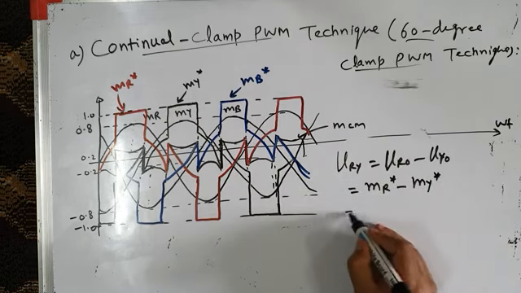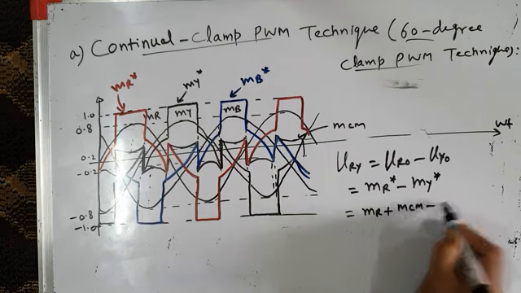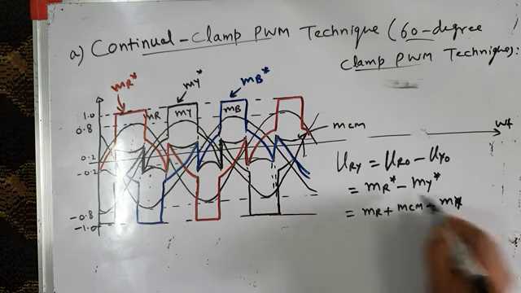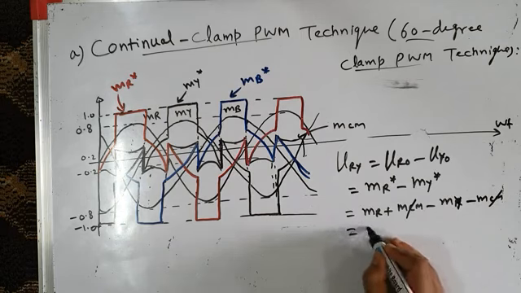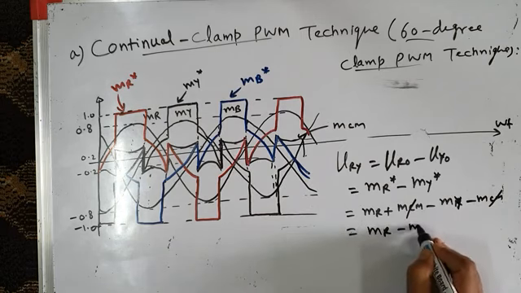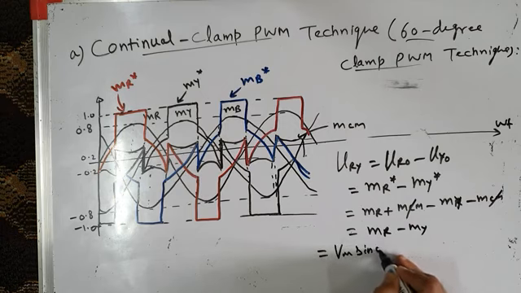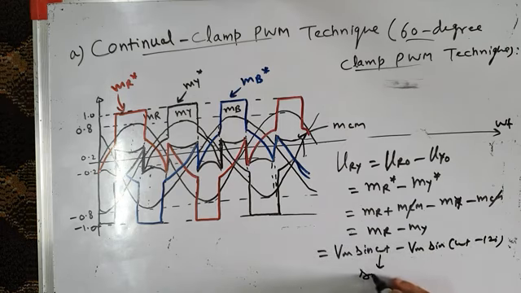The pattern is the same. So MR star is MR plus MCM and MY star is MY plus MCM. Since it is minus, it will be minus MCM. MCM cancels, so it is MR minus MY. And we know MR is Vm sine omega t, minus MY is Vm sine of omega t minus 120 degrees. So it is sinusoidal in nature.